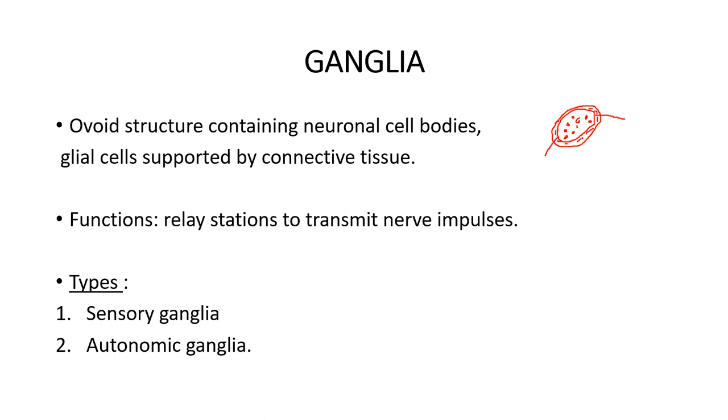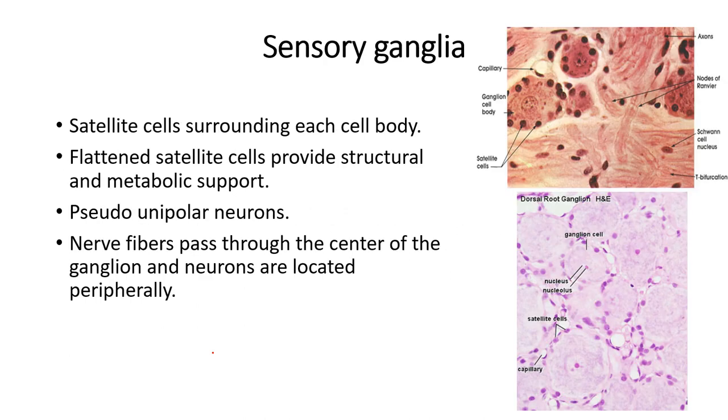So these features are in common, every ganglion will have neuronal cell bodies and a capsule, and every ganglion will be covered by the satellite cells. So the ganglia are ovoid structures containing the neuronal cell bodies, divided into two types, sensory ganglia and the autonomic ganglia. Now we'll move forward to each of the types.